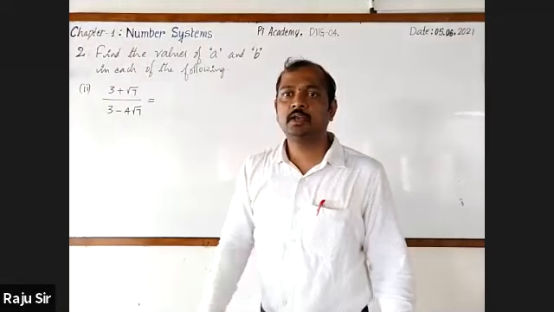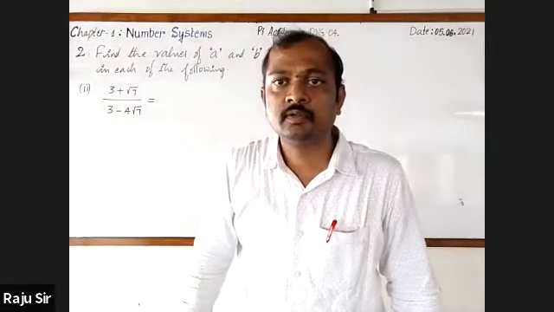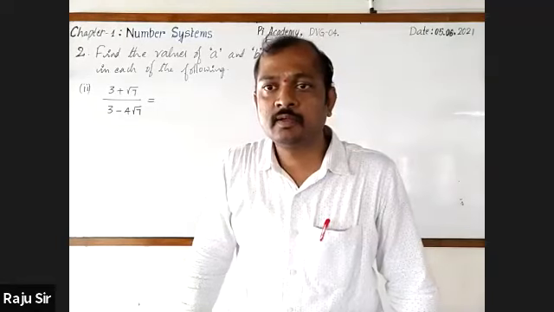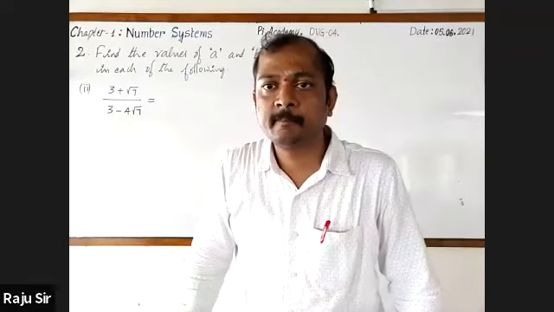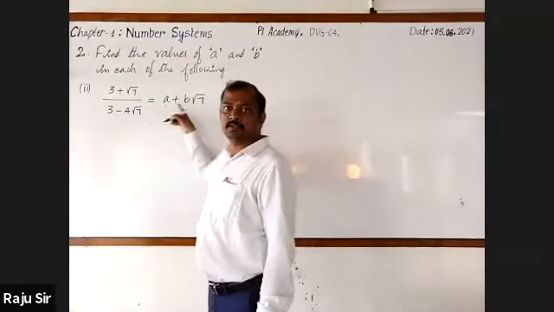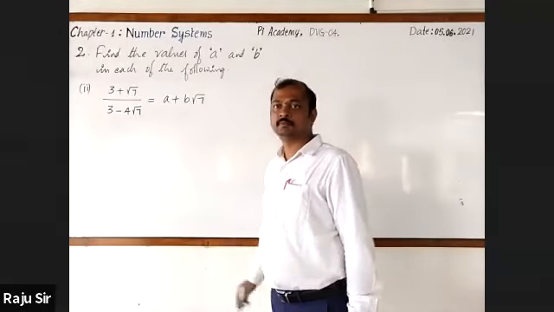Would anybody like to tell the RHS side? Amrita: Sir, A plus B root 7. Very good. It is A plus B into root 7. That's why we have to write root 7.